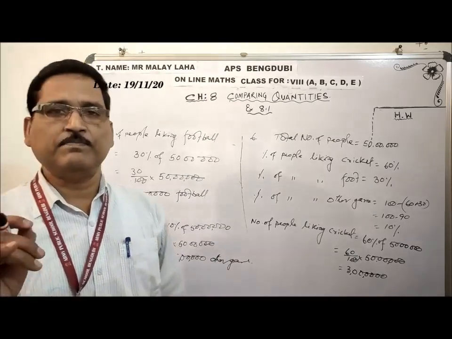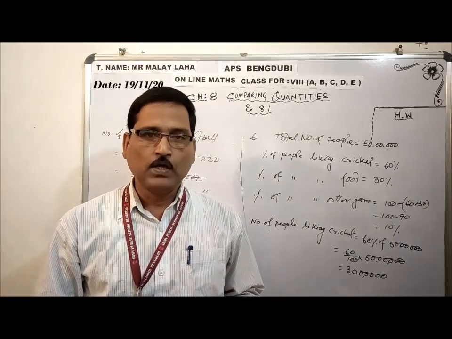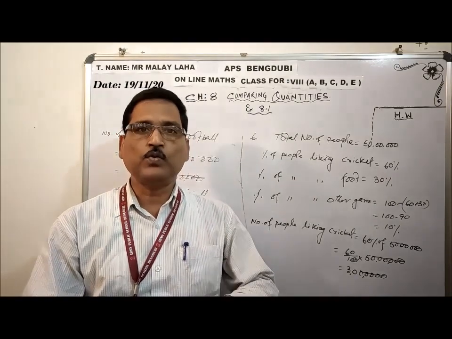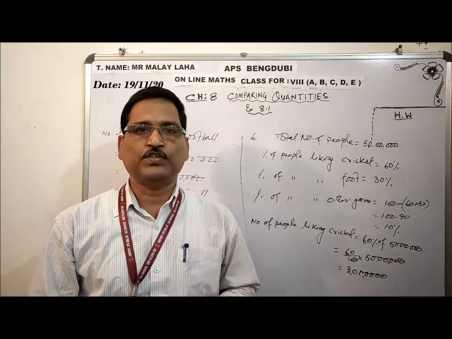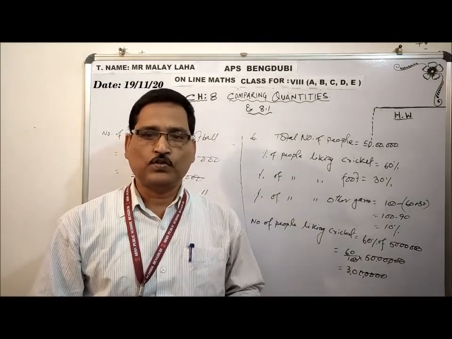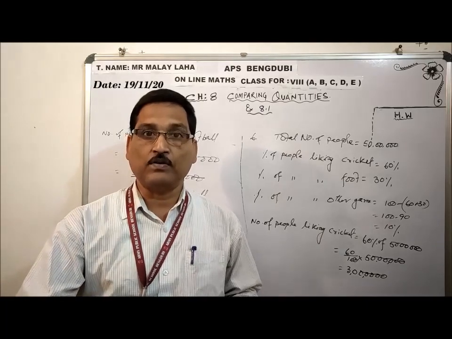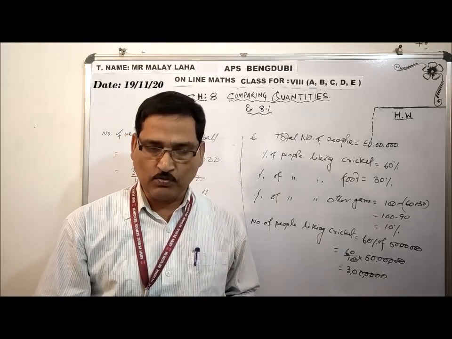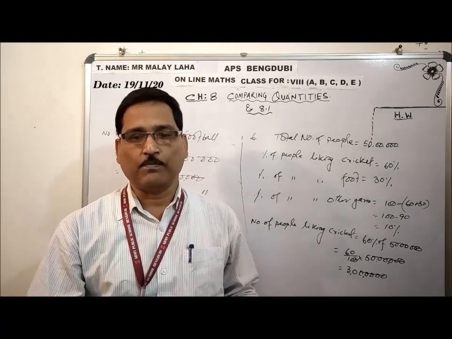These are the very simple types of questions given in your book, so you have to expand on them. There are many questions related to ratio, and many questions related to how to find the value. It is given in the 7th standard book, or if you have some extra book, you can practice.